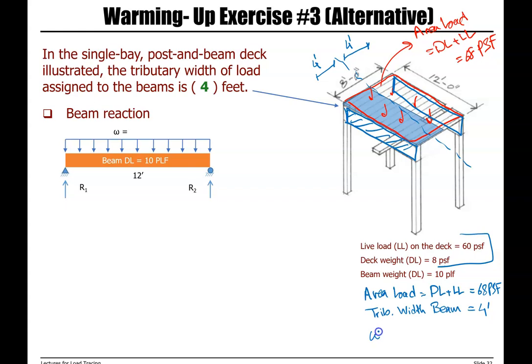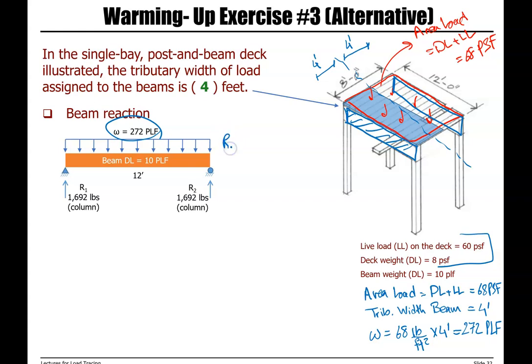So the load on the beam is equal to 68 pound per square foot times 4 feet, which gives us 272 PLF, which is the same number that we had in the previous slide, but we used a different approach to do the calculation. And the reaction calculation is the same.